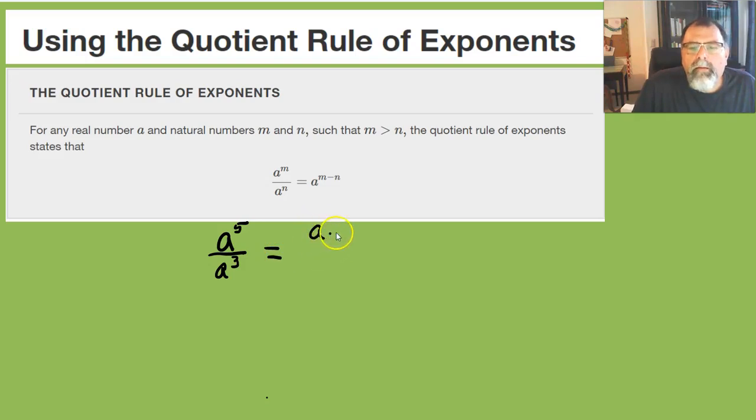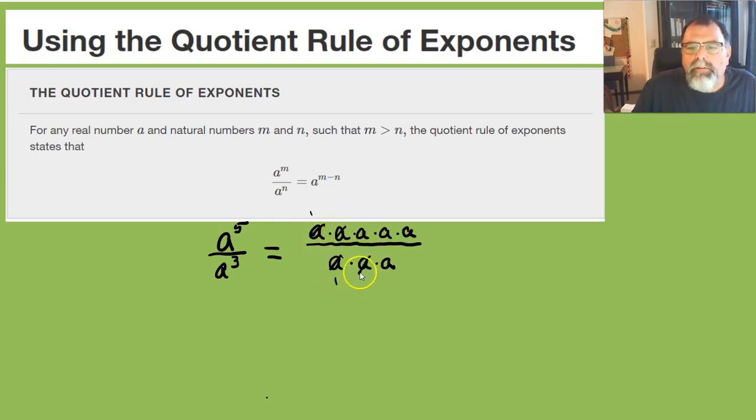And then we're going to have a to the 5th, as before, by the definition of exponents. A to the 5th means a times a times a times a times a, 5 factors of a. A to the 3rd is 3 factors of a. Okay, now we can use rules for fractions. We're canceling. So if I have a divided by a, that's going to just get you 1.